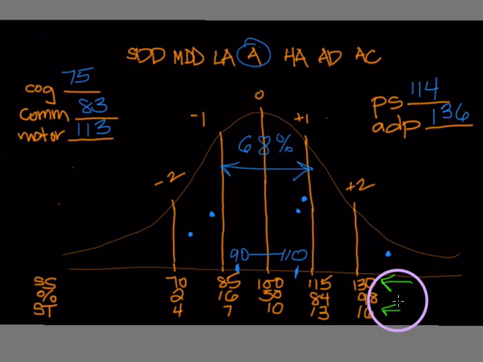This middle row here is called percentiles, and for each one of these scores you can easily see where they fall in terms of their percentile rank using this row. So for instance, let's just look right here in the middle.